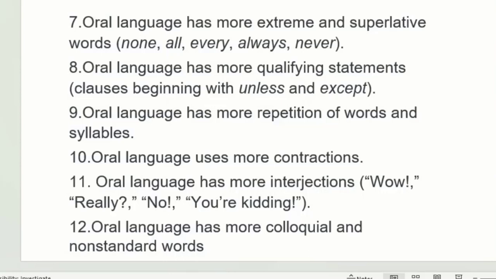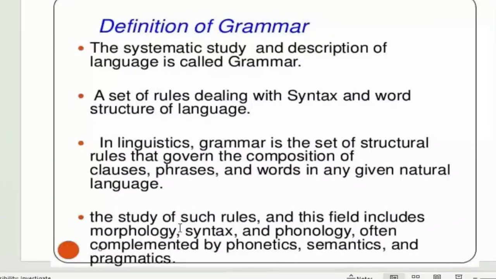Now I move on to my next slide. Whilst we are busy on that, I've been repeating this definition of grammar. I started with that, and I've been encouraging you to understand, because that's the only way you'll be able to write a proper standardized language, which is used all over, which is used academically.